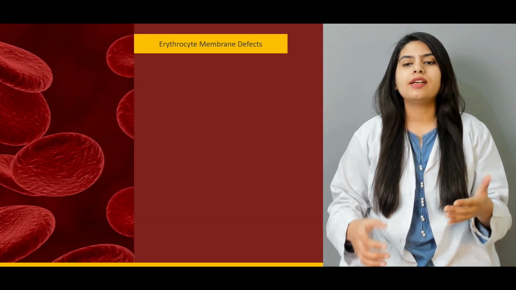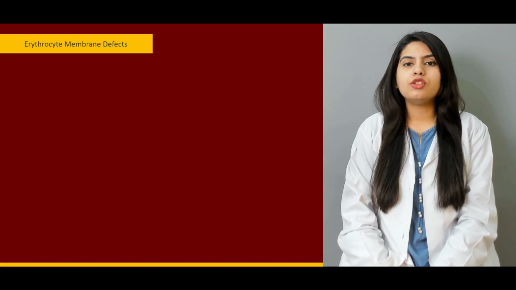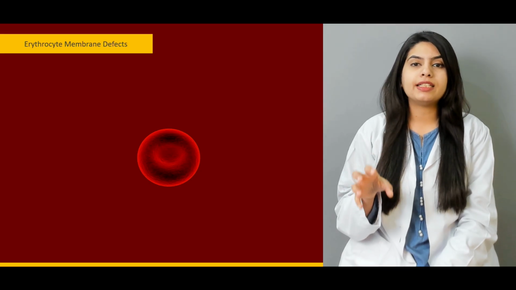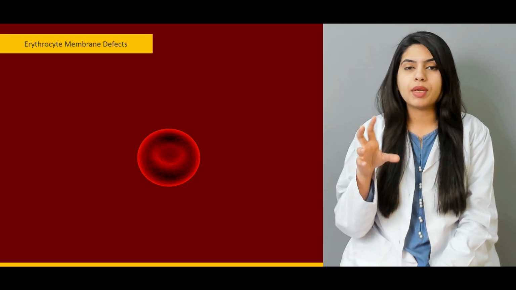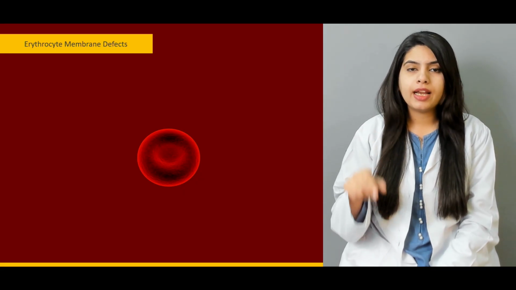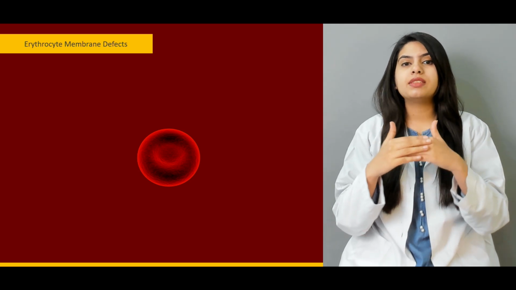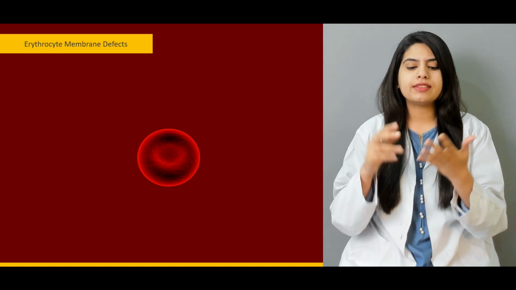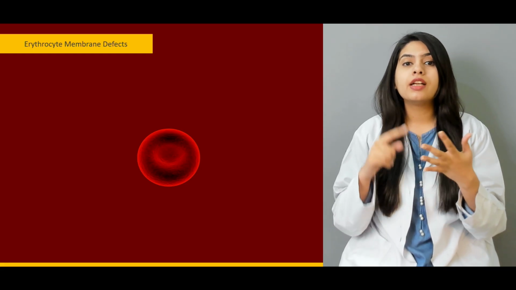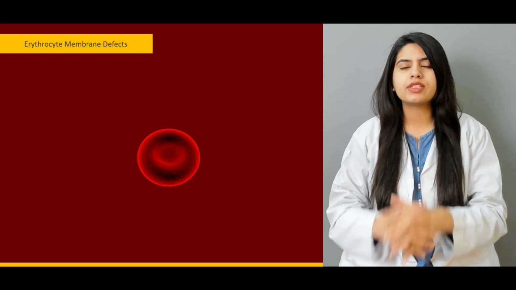First of all, there are erythrocyte membrane defects. You know that the erythrocyte, that is the red blood cell, has an outer membrane. This outer membrane is made up of a lipid layer, and beneath the lipid layer there is a cytoskeleton. It contains proteins: actin, ankyrin, spectrin, protein 4.2 and other parts of the cytoskeleton.